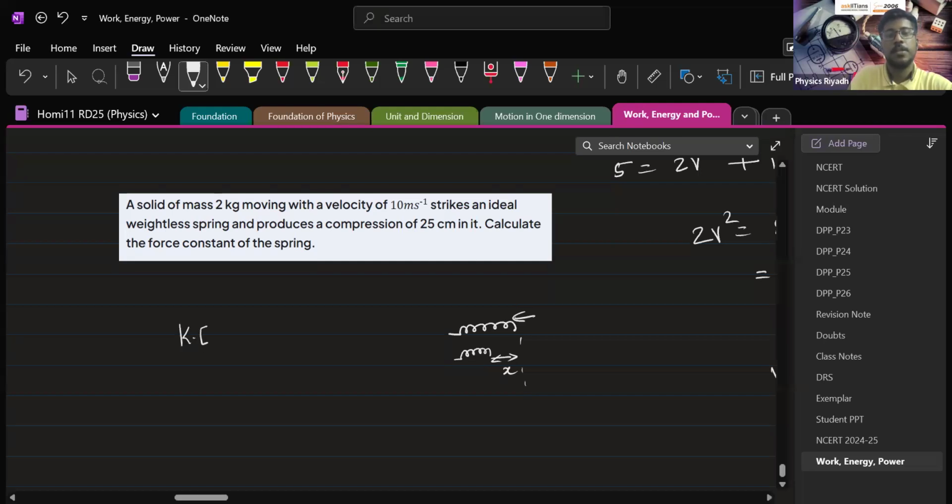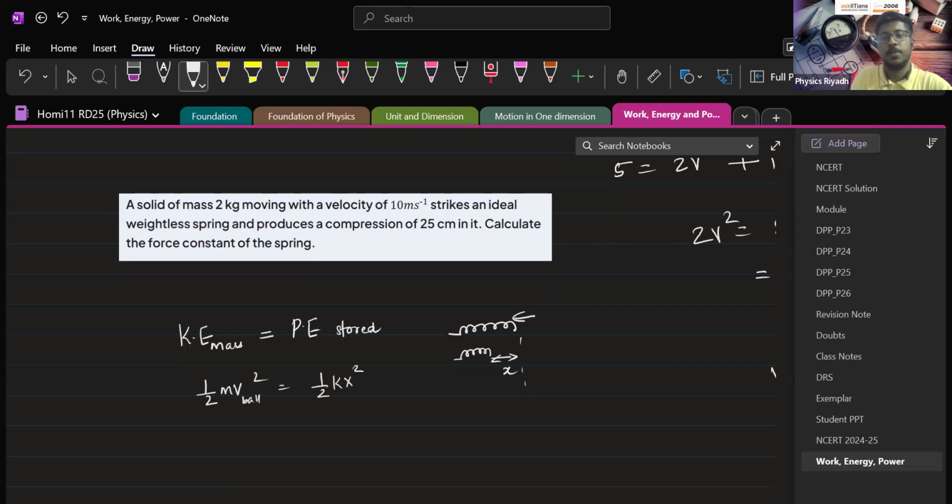So kinetic energy, half mv square, is equal to potential energy stored in the spring, which is half k x square.